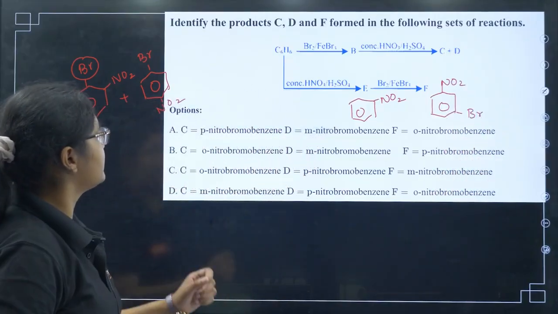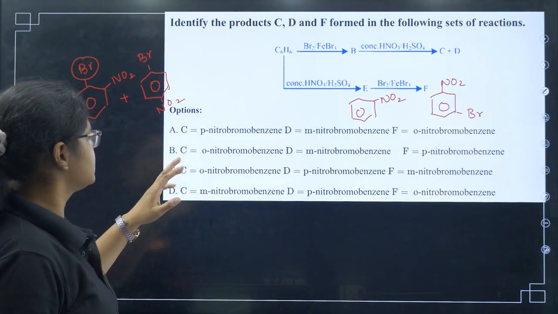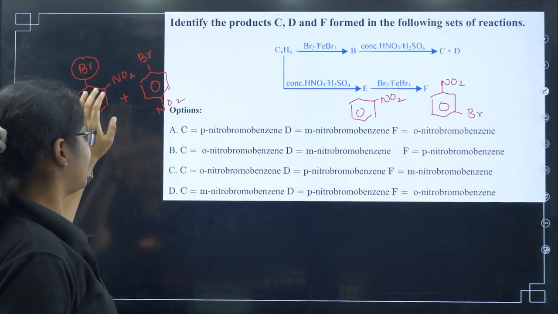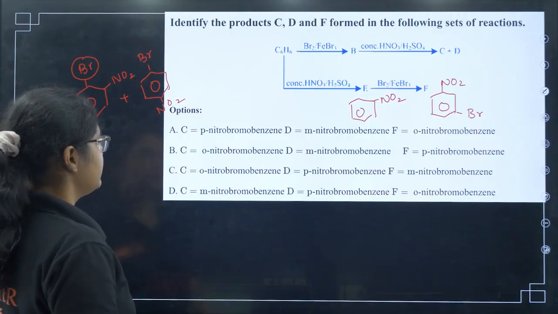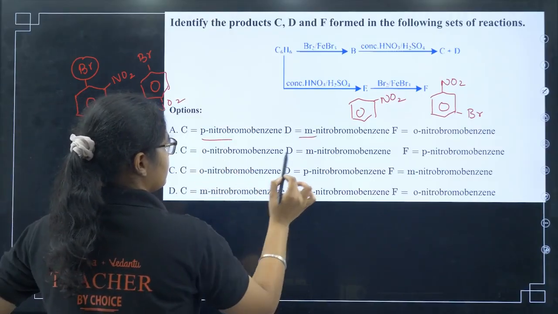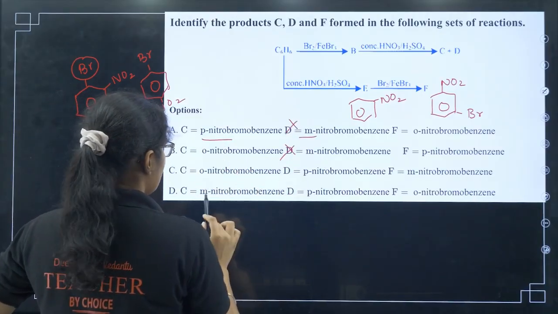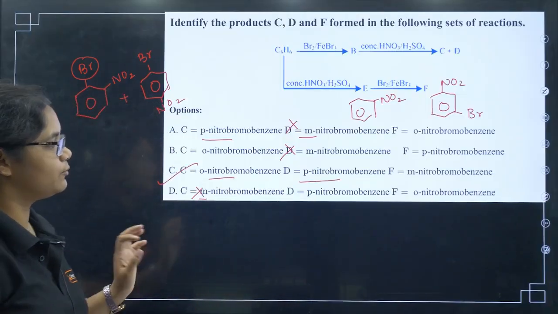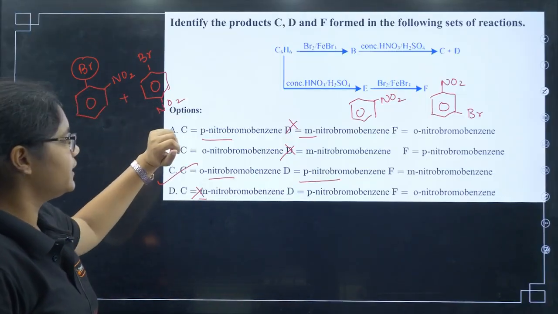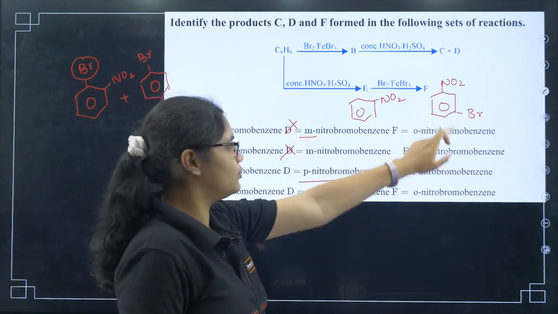So what you have to find out is C, D and F. So C will be ortho nitro bromobenzene and para nitro bromobenzene, right? Meta nitro is not produced. So ortho nitro bromobenzene and para nitro bromobenzene, then F has to be meta nitro bromobenzene.